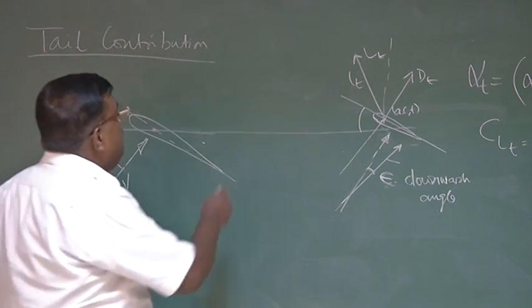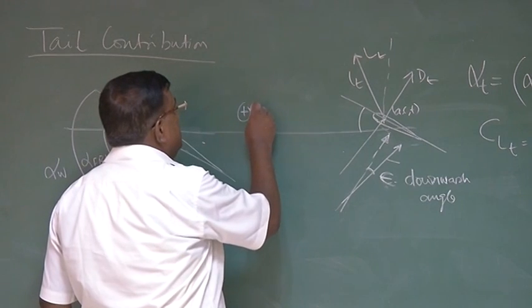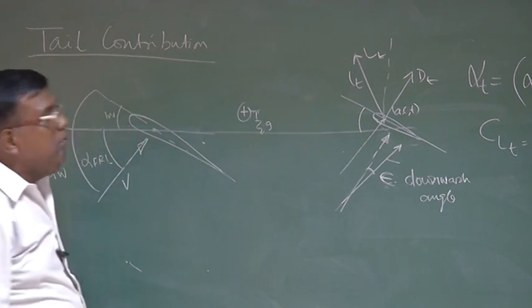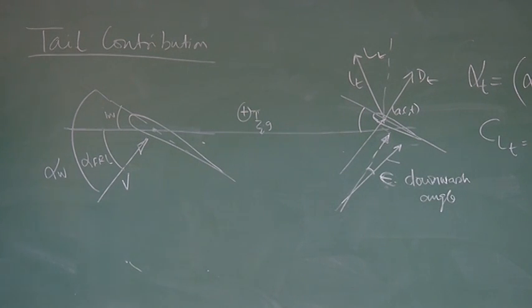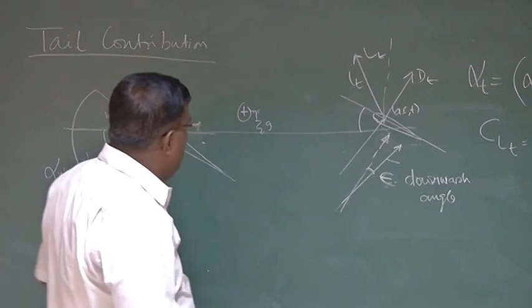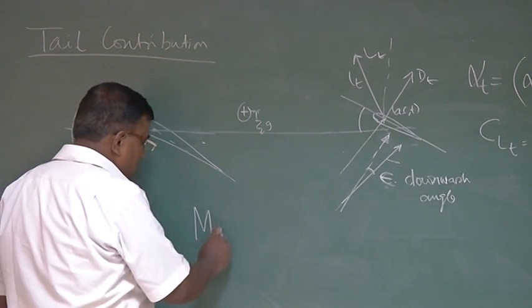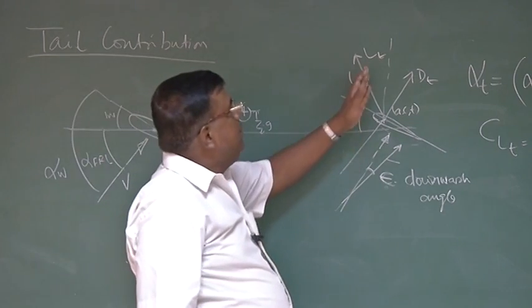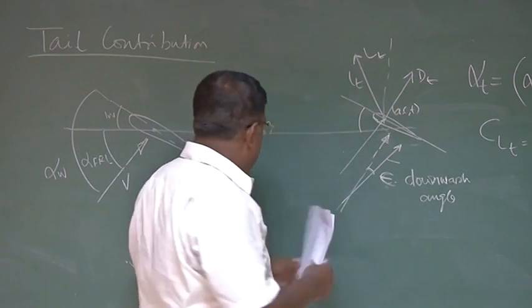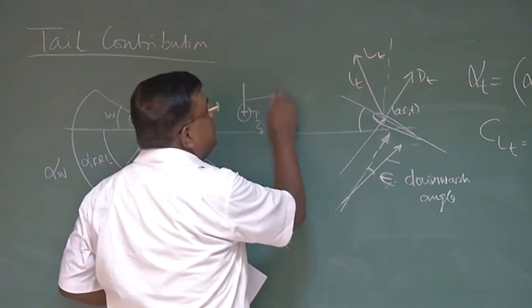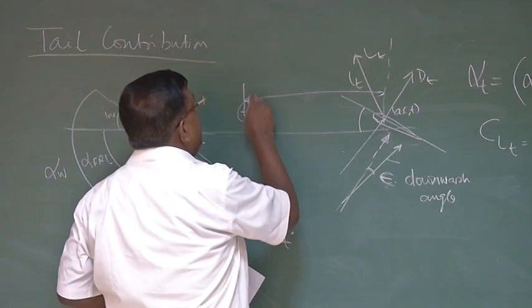Now, what is our aim? To find the moment. So this is the CG. Since anyway we are doing all simplification, common sense says, if these angles are small, what is the moment because of the tail about the CG? How much will it be? Simply because of the lift at the tail, lift because of the tail into this distance from the AC of the tail to the CG.